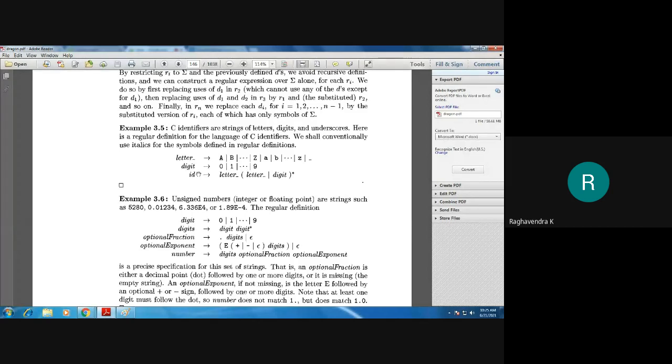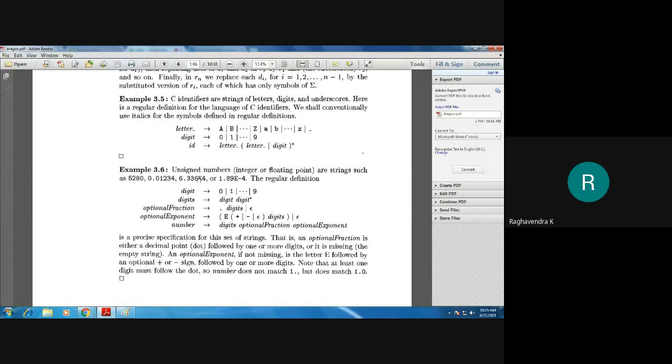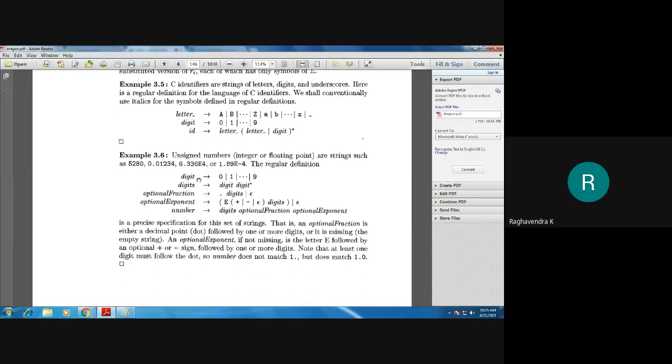So this is a regular definition. Letter is a regular definition, letter underscore is a definition, digit is a definition, and ID is a regular definition.